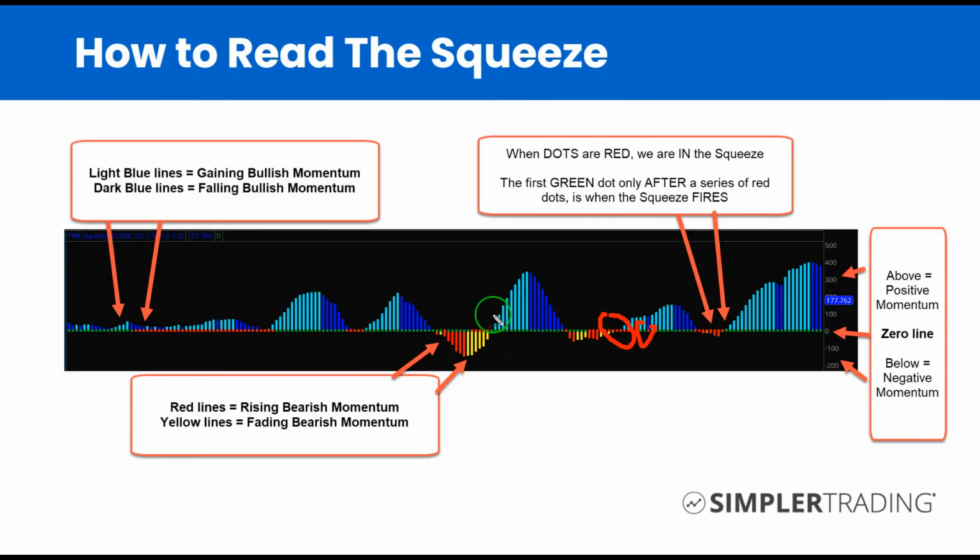If the bars on the histogram are light blue, that means momentum is bullish and rising. If the bars are dark blue, that means momentum is bullish but decreasing. If the bars are red, that means momentum is bearish and decreasing. Yellow bars means momentum is still bearish, but it is on the up and up. So you've got the squeeze dots, and then you have your momentum histogram.